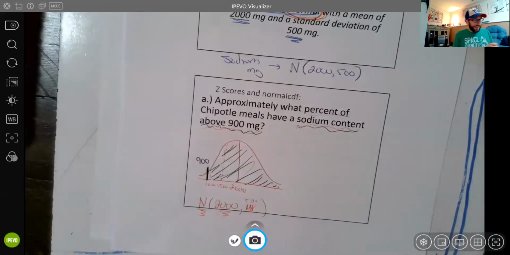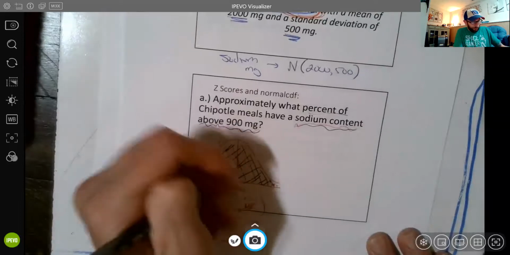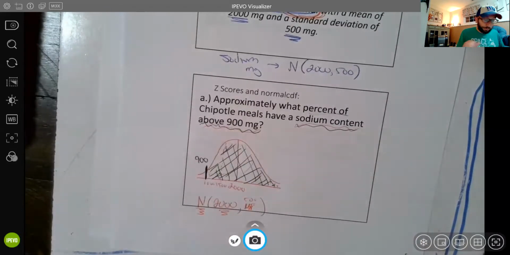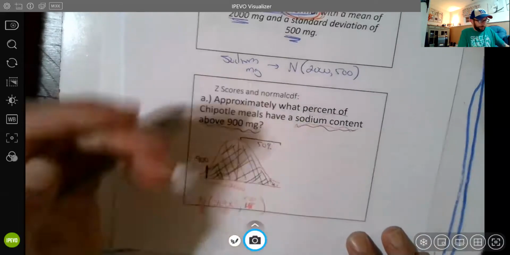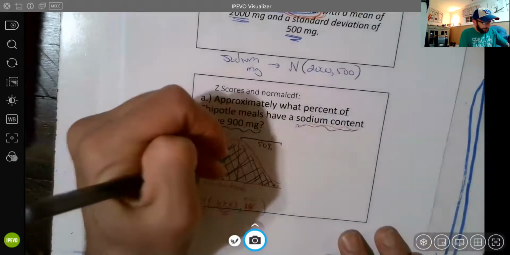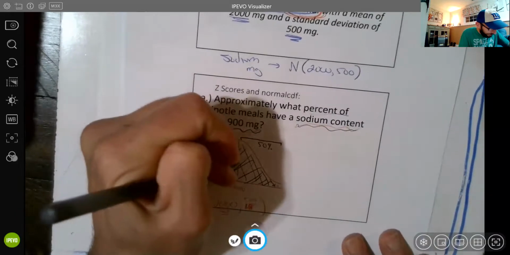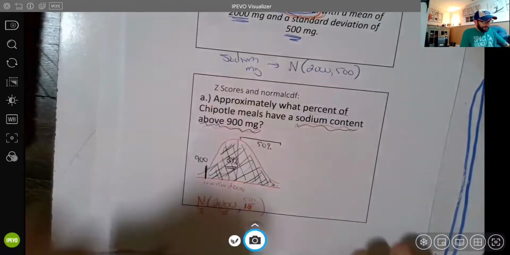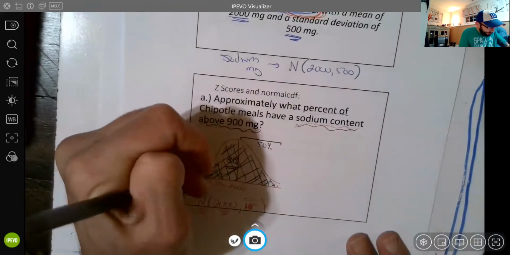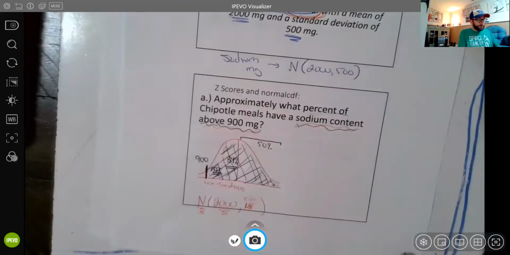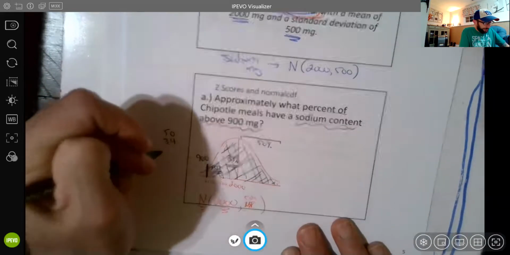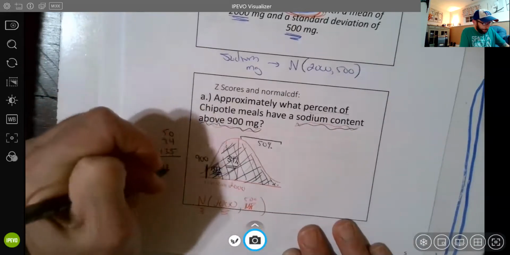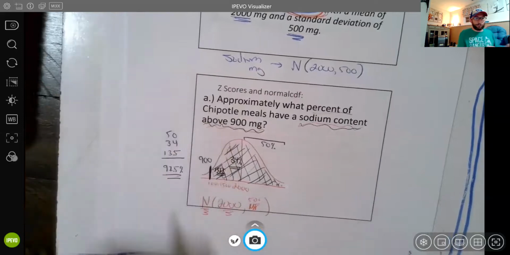So our question is asking us to find how big is this region. We should know some things, like our answer has to be bigger than 50%, since we've shaded more than half of this picture. We might even remember that in here is 34%, and in here is 13.5%. So from the empirical rule, we should be able to recognize that our answer has to be a little bit bigger than 97.5%.